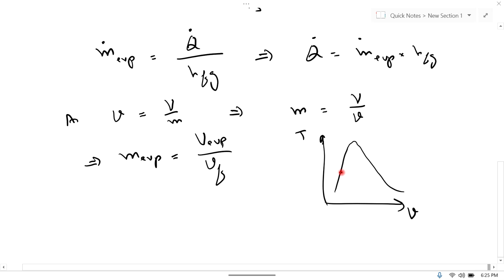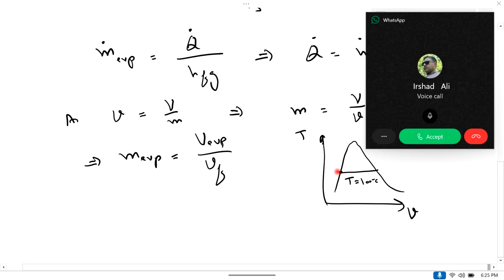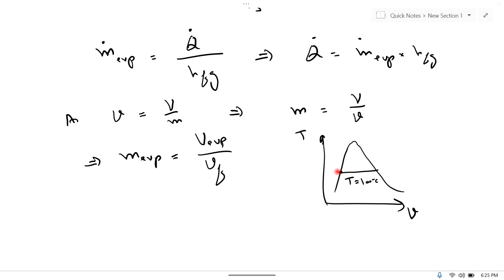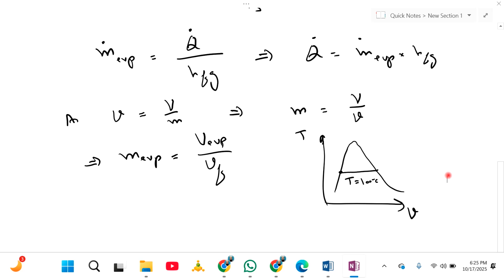this is temperature 100 degrees centigrade, and evaporation started at this point, mass of evaporation and our specific volume.